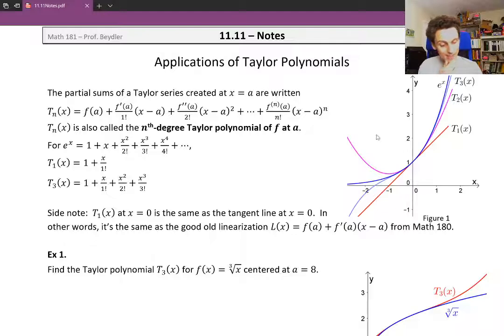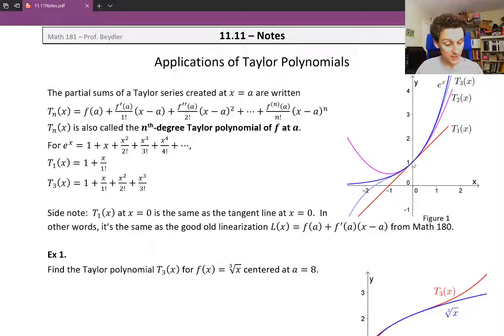One thing to notice is that these Taylor polynomials, the higher degree you go, the better the approximation tends to get. And the approximations for each of these are good around the center. So here the center of our expansion was 0. And so when you look at the Taylor polynomials, they're going to be pretty good approximations for the function that you're looking at, so e to the x in this case, as long as you stay close to the center, so close to x equals 0.